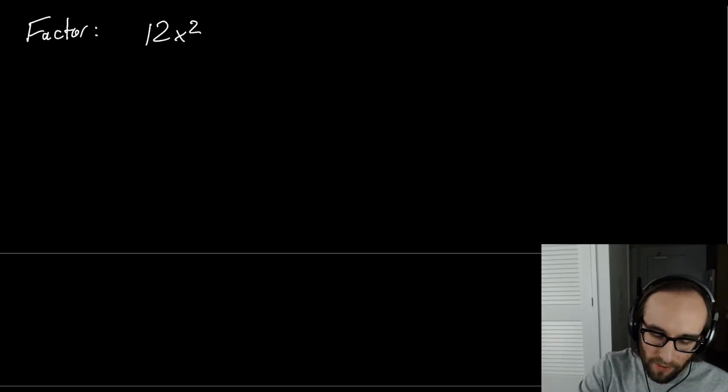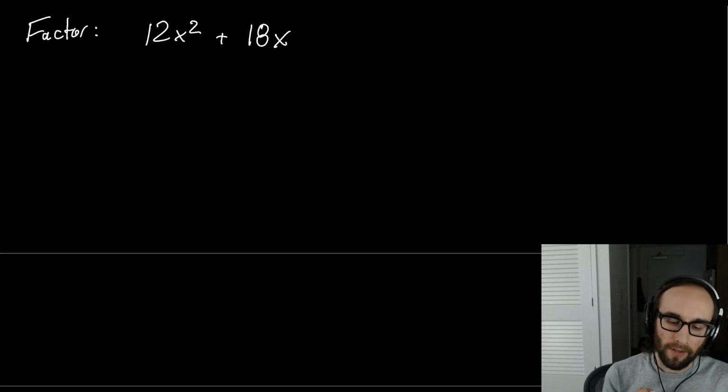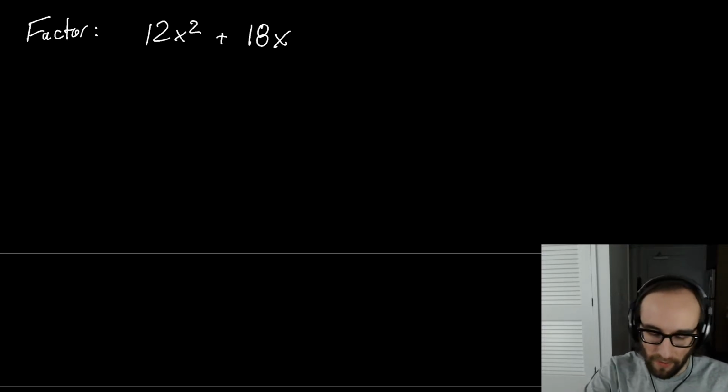Here we're trying to factor 12x squared plus 18x. So we have a polynomial here, a binomial, and we're trying to rewrite this as its factors being multiplied. So again, what we're going to do is identify all of the factors.